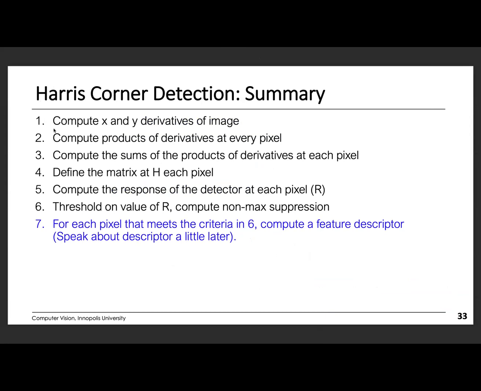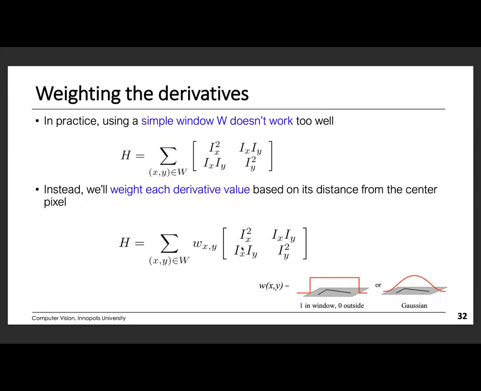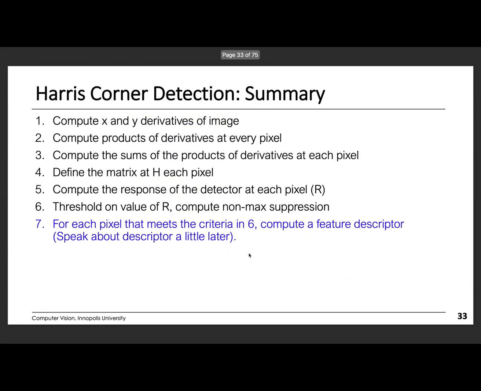So just to summarize again the steps for the Harris corner detector: first, you compute the X and Y derivatives of an image. Second, you compute products of derivatives at each pixel, which is this part, IY, IX multiplication.